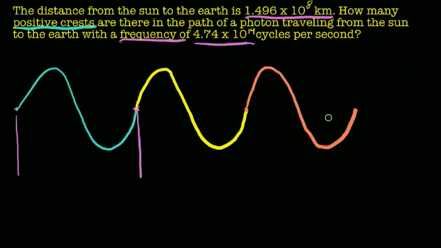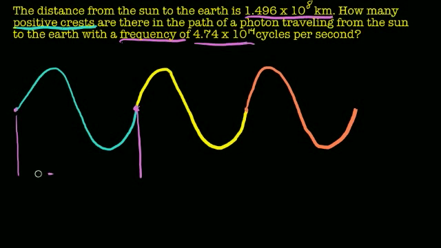So if we kept on drawing cycles of this wave, we would keep on going up the cycle and then come back down the cycle, and then up and down. And each of these different colors, so this blue section is one cycle, this yellow is another, this orange is another cycle. And now, where does wavelength fit into this diagram? Well, the wavelength is pretty much the distance encompassed in one cycle, right?